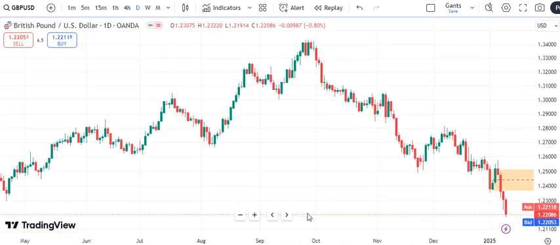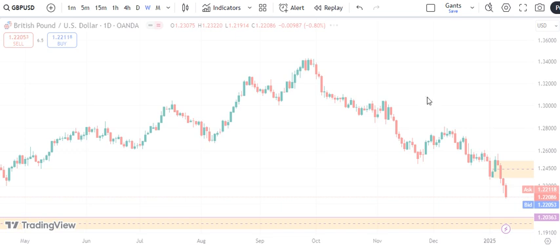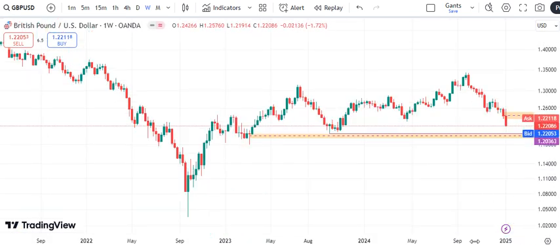All right. This is the area I'm looking at. Before the end of next week, I want to see price trade into this level.